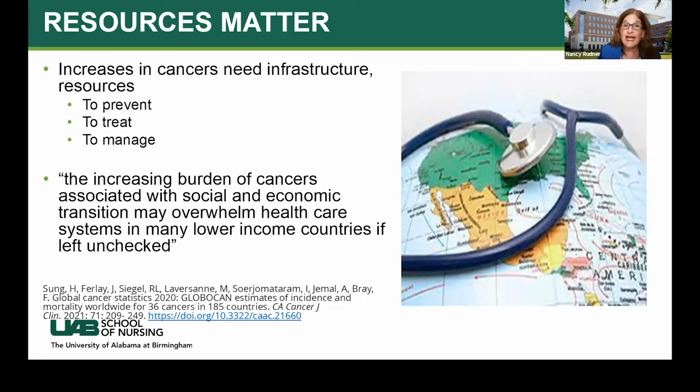With the increases in cancers, there's a need for infrastructure and resources to prevent, to treat, and to manage cancer. Otherwise, the increasing burden of cancers associated with socio and economic transition might overwhelm healthcare systems, especially in many lower income countries, if left unchecked.